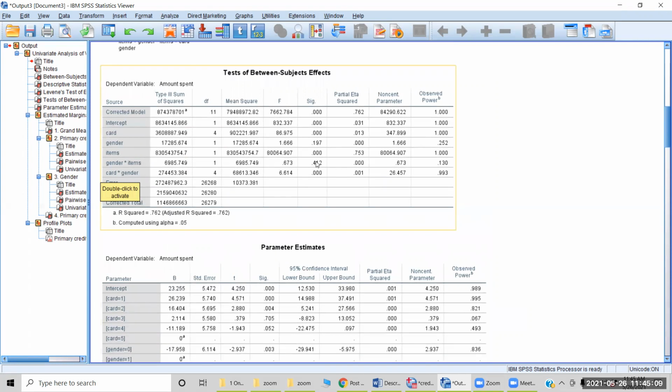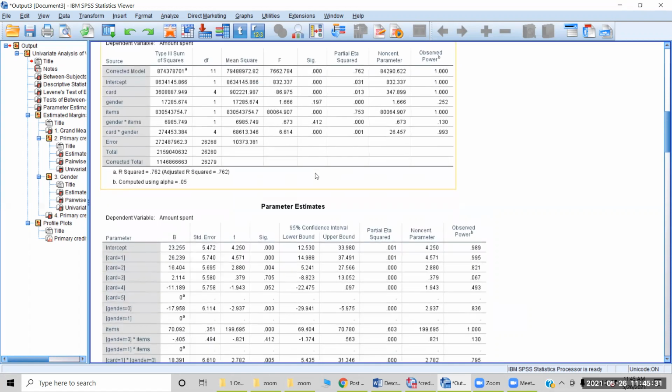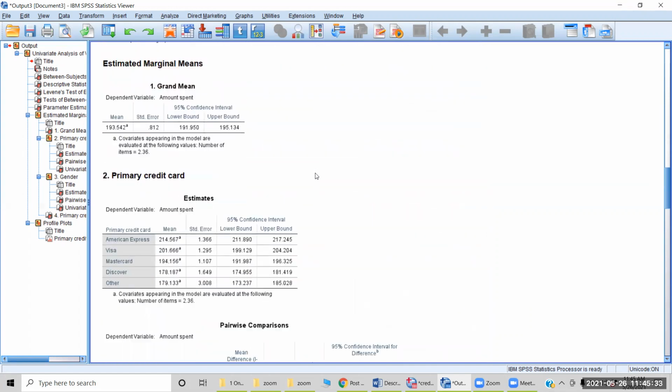So it means gender does not moderate the relationship of items and spending. And for card and gender, yes, as far as different types of credit cards are concerned, gender plays a significant moderating role, either strengthening or weakening the relationship. So it is a strong moderator over there.